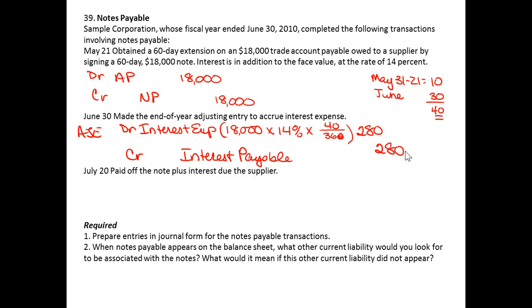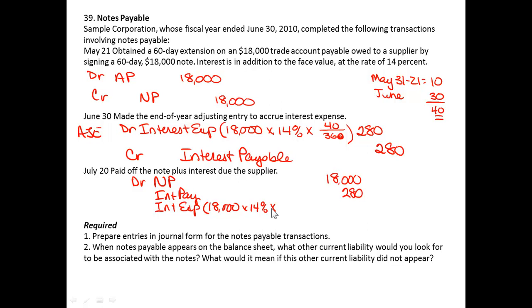Now in July, we're going to pay the $18,000 note payable plus interest. So I know I need to pay the interest payable that had accrued to the end of the year, the $280, but I also know that I'm going to have to pay the interest expense for the $18,000 at 14% from the time between June 30th or July 1 and July 20th.